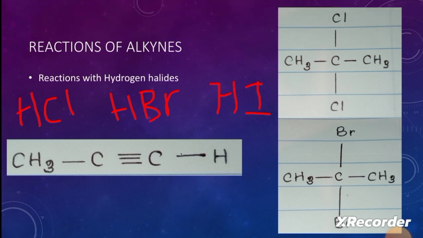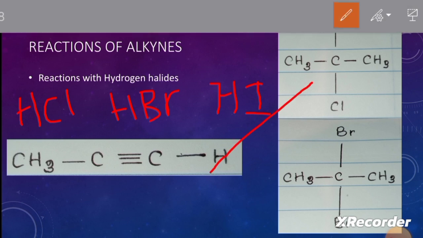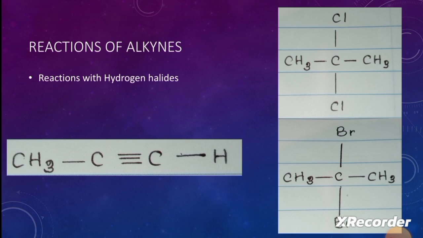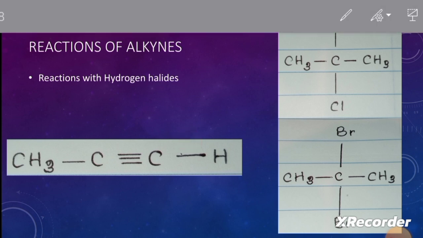Here in this reaction you can see addition of HCl and here you can see addition of HBr. What happens here is when you add HCl, HBr or HI, two bromine, two chlorine or two iodine atoms add to the same carbon.